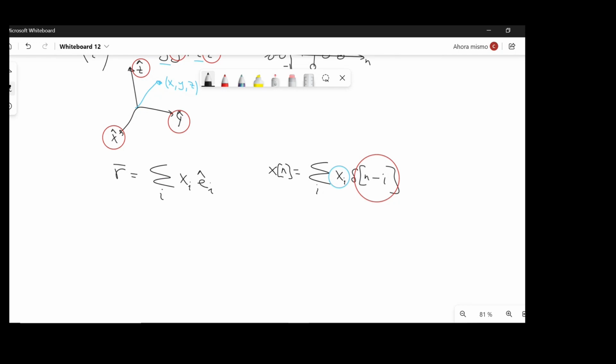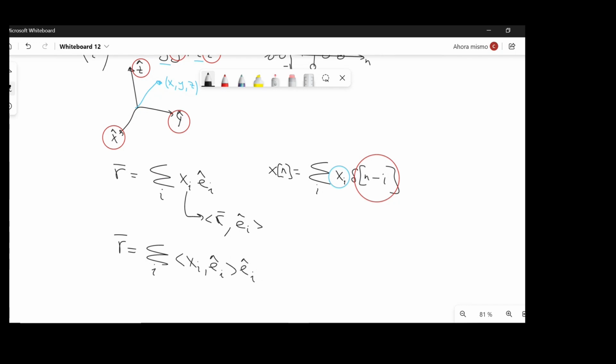How do I calculate those coefficients? This is a result from algebra. It is the inner product between the vector that you are representing and your basis. So in linear algebra, any vector is the sum of the inner product of x with Ei, times Ei.